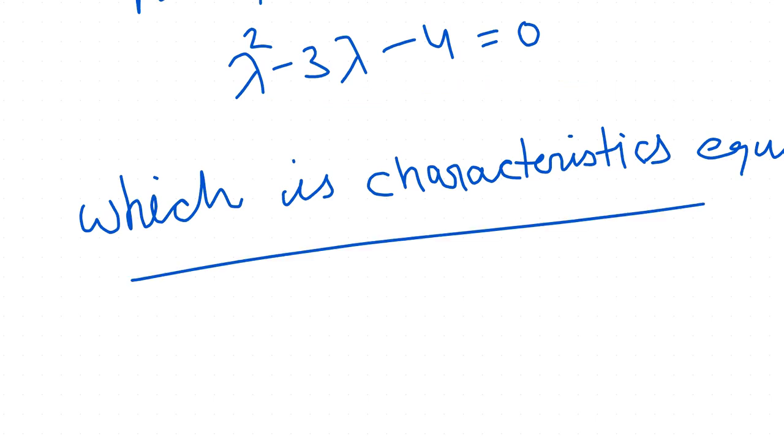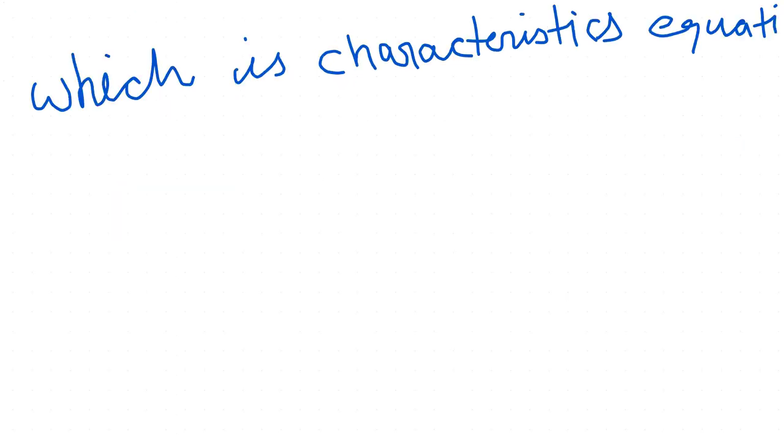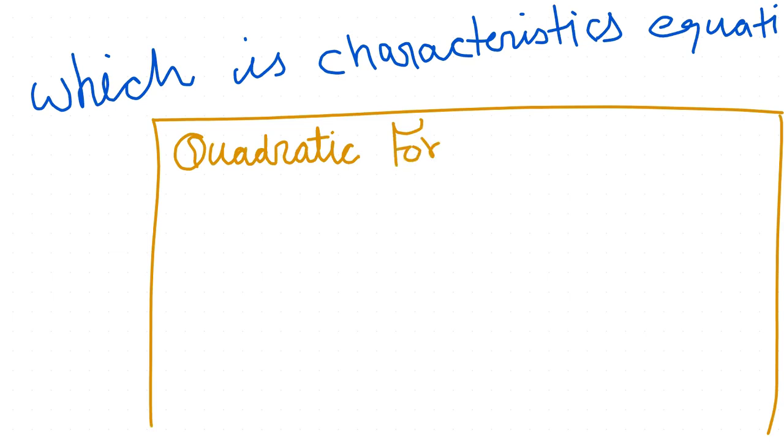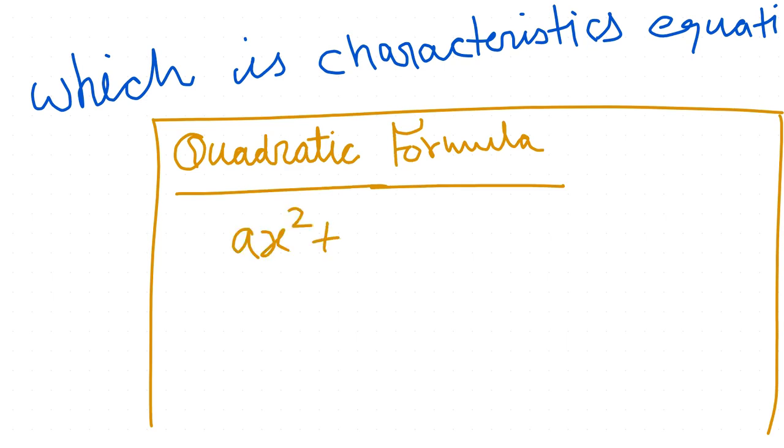The standard quadratic equation is a x square plus b x plus c equal to 0.